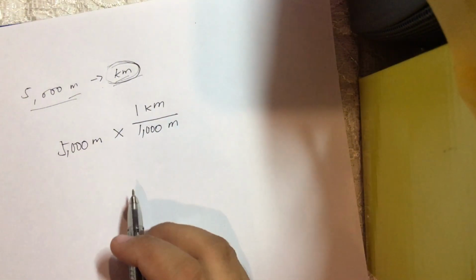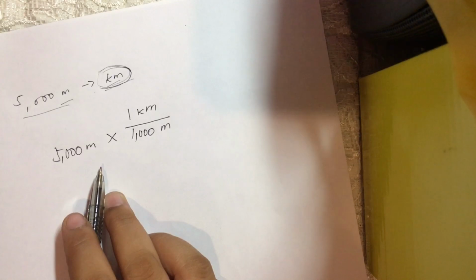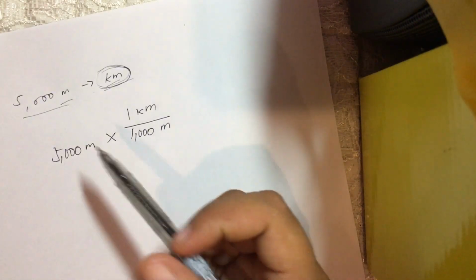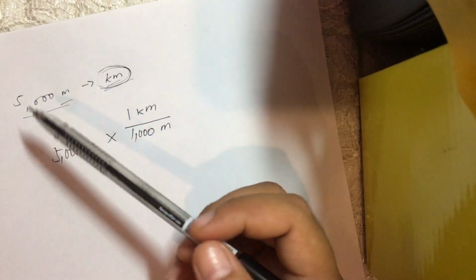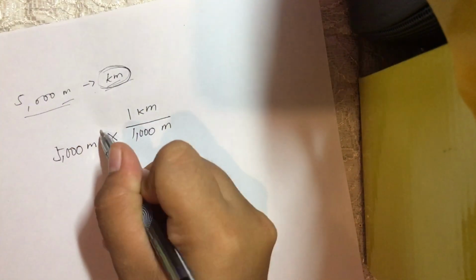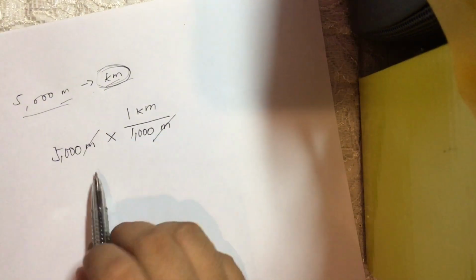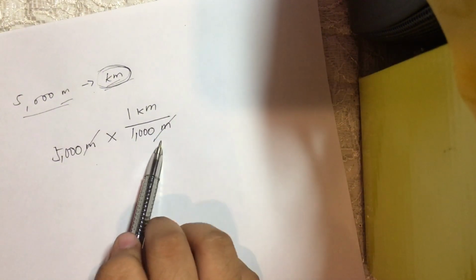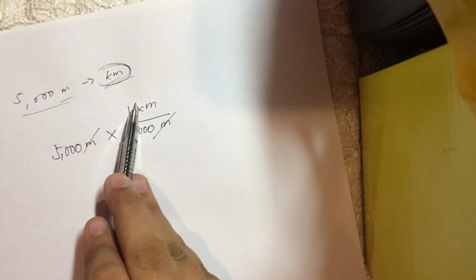Yes. First is you have to cancel out. You can multiply the equation, then you can cancel out. But the easier way is to cancel first the same unit, which is the meter, so that the remaining unit is the kilometer.